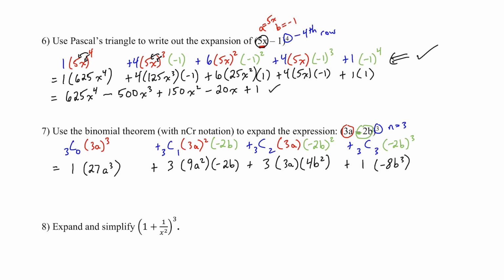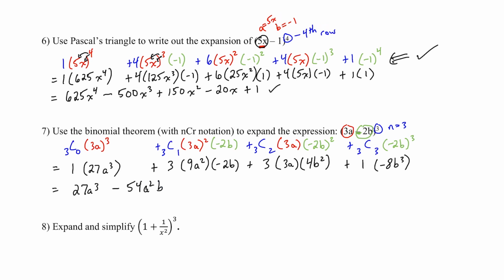Notice that that one is negative because it's negative 2 times negative 2 times negative 2, and 3 of them makes it negative. Last step that I do is just expand each term. So we have 27a cubed plus 3 times 9 times negative 2 would give me negative 54a squared b.